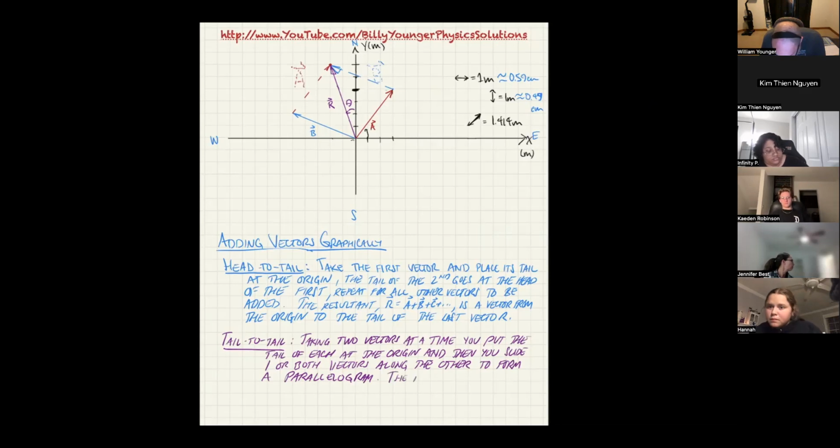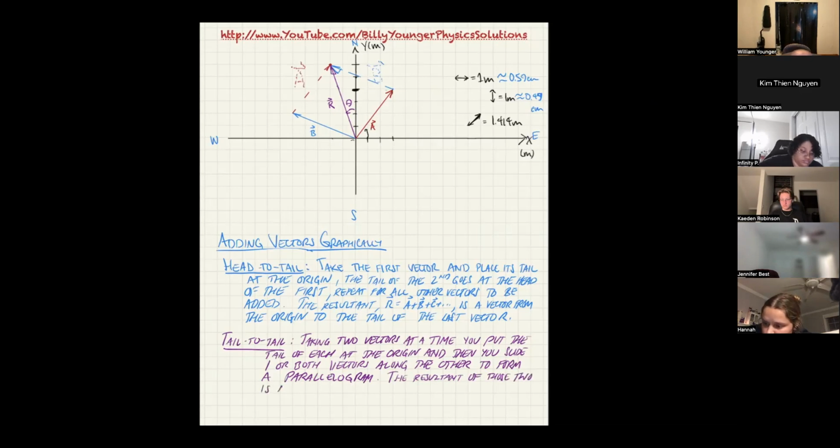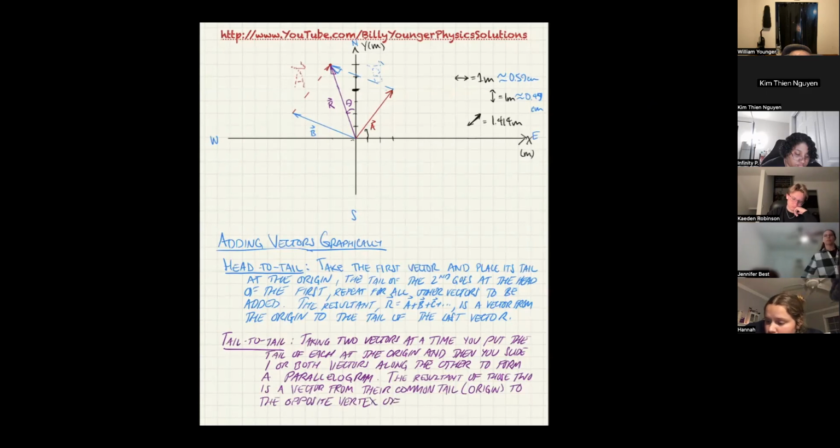The resultant of those two is a vector from their common tail, which is usually the origin, to the opposite vertex of the parallelogram.